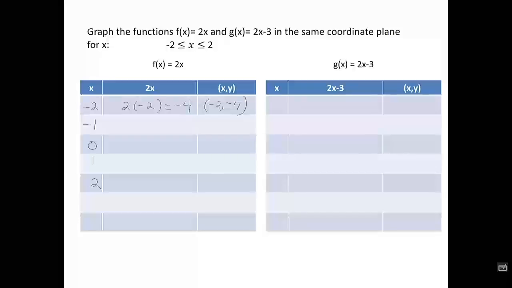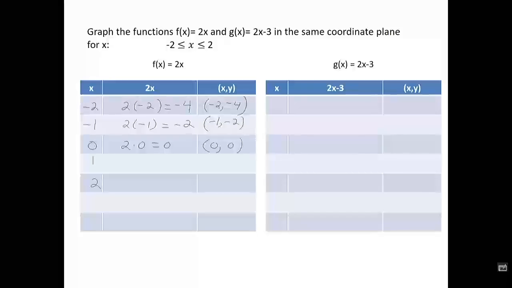So 2x is 2 times negative 1, which is negative 2. The corresponding ordered pair is negative 1, negative 2. When x is 0, 2 times 0 is 0. The ordered pair then becomes 0, 0.